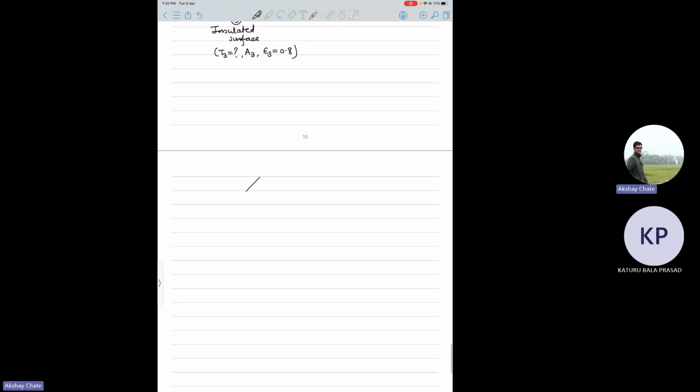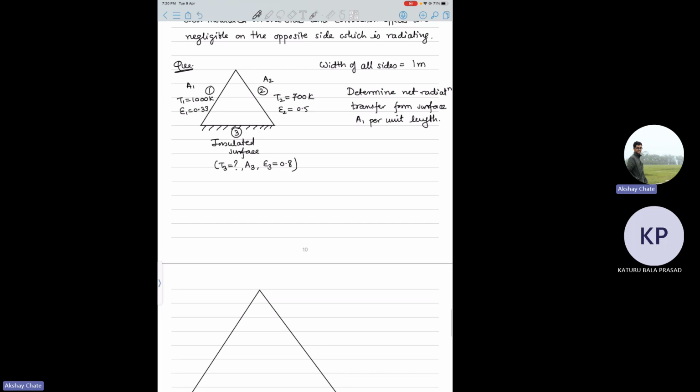So essentially, I'll draw it slightly bigger so that you'll have enough space to show the resistances.